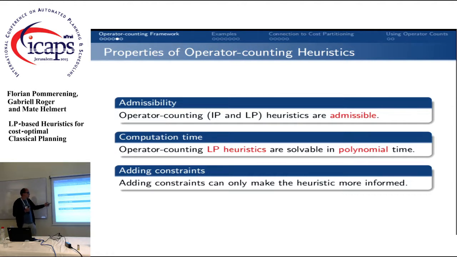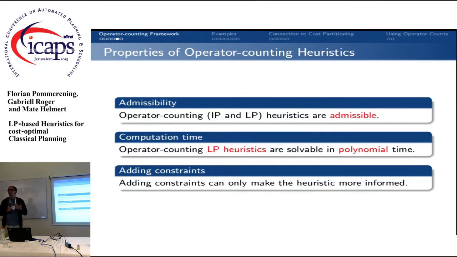Of course, it is harder to solve. So the LP operator counting heuristic can be solved in polynomial time. The integer problem of this cannot necessarily be solved in this time, but there's some work on using the integer program as well.